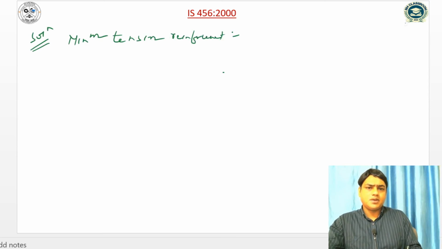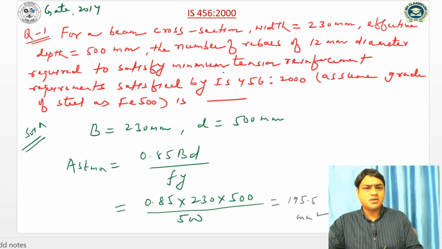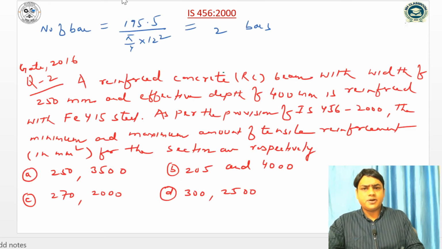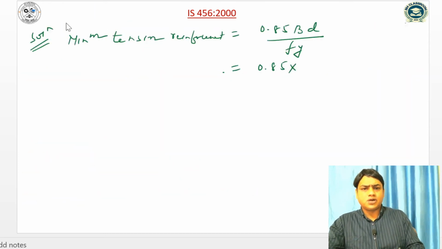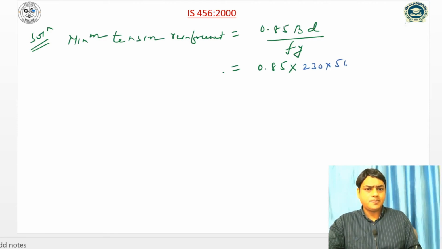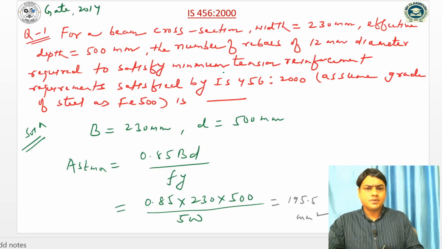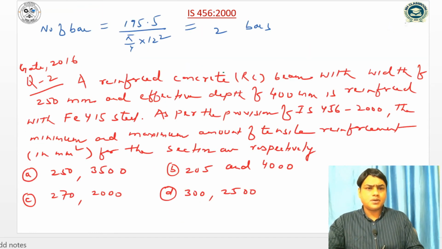So the minimum tension reinforcement is equal to 0.85 bd divided by fy. The width of the beam is 250 and the effective depth is 400.